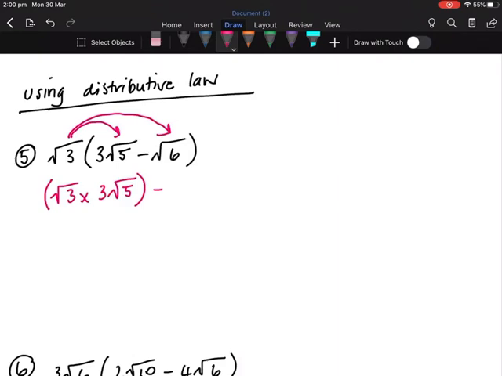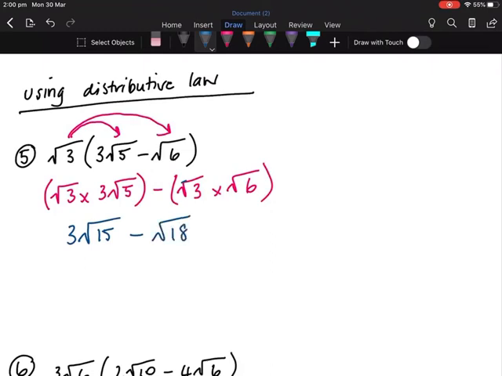And then negative, so this one, the square root of 3 times the square root of 6. So the first one, the square root of 3 times 3 times the square root of 5, becomes 3 times the square root of 15. And over here we get the square root of 3 times the square root of 6, which is the square root of 18.